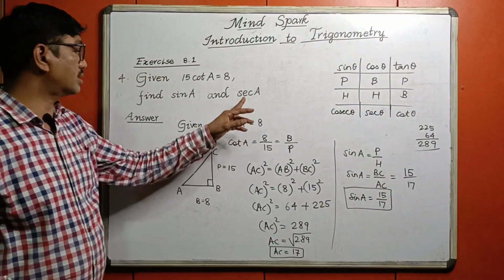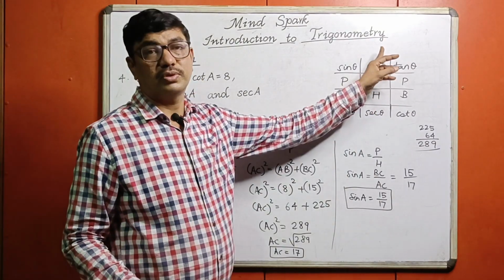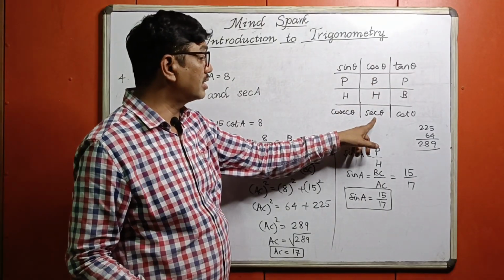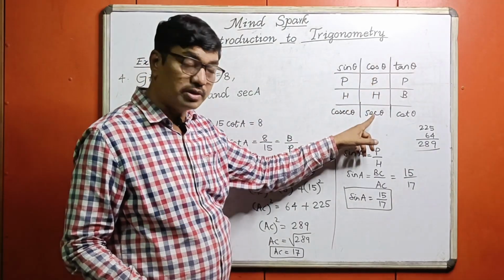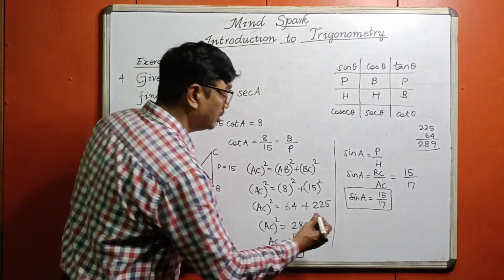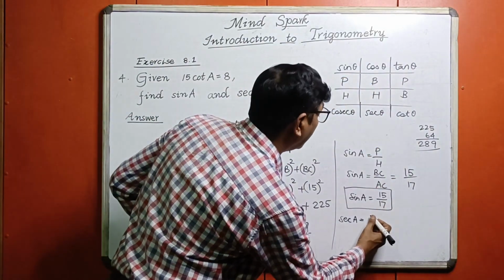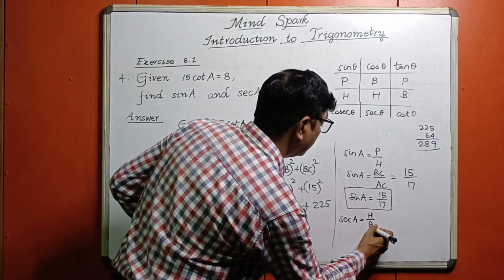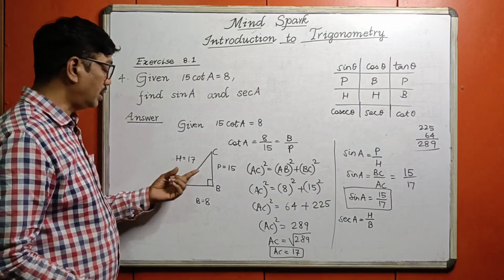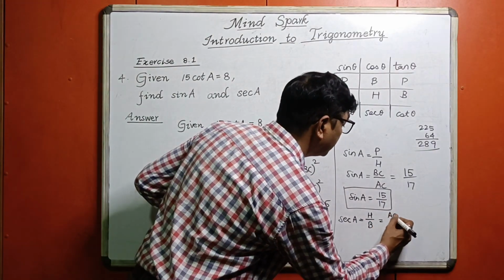Similarly, they are asking secant A. What is secant A? Secant A is the reciprocal of cos theta. If cos theta is base by hypotenuse, then secant will be hypotenuse by base. So secant A is equal to hypotenuse by base. Hypotenuse is nothing but AC, so AC by AB.